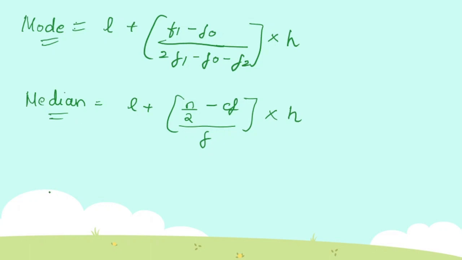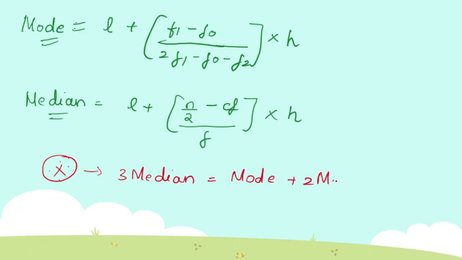Later, the most important formula is what I am going to write now. Mark it as the most important formula. The formula is 3 median is equal to mode plus 2 mean.